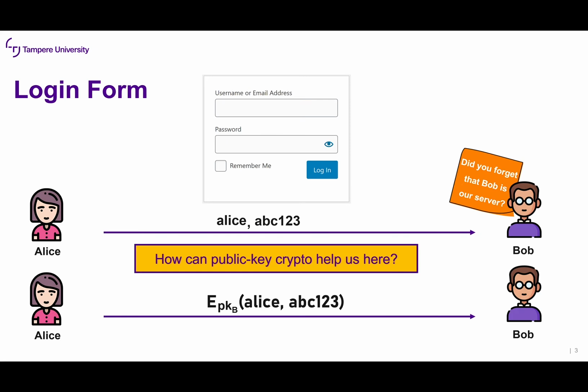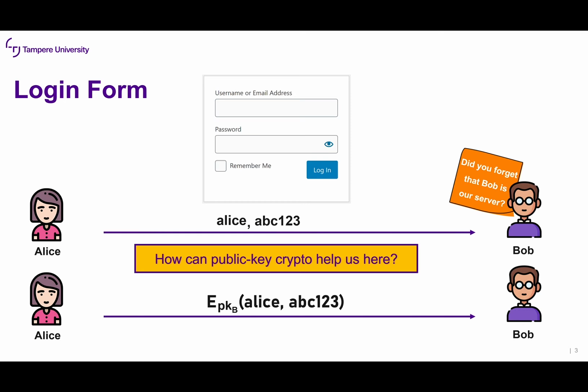So Alice gets access to Bob's public key, and she uses this to encrypt her credentials. So basically, instead of sending her username and password in plain text, as in the previous step, she will be using Bob's public key to encrypt that message and send the encrypted version of the message to Bob.